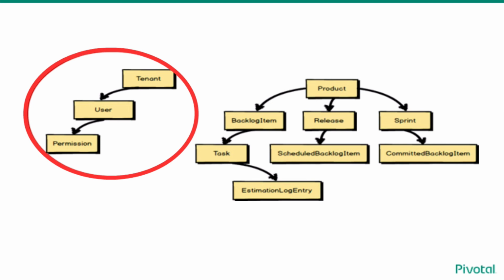Certainly tenant, user, and permission are very important concepts that are necessary for the overall system to work. We do need to support multi-tenancy, and each tenant must have a select group of invited users to participate in the work on Scrum projects.